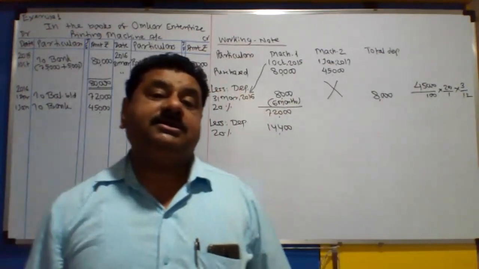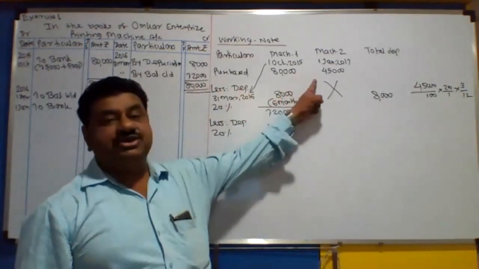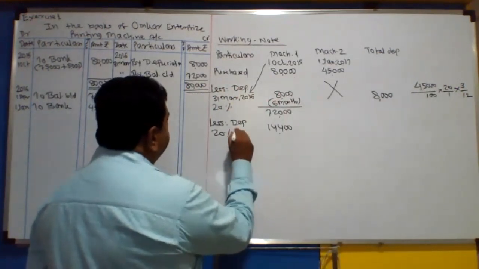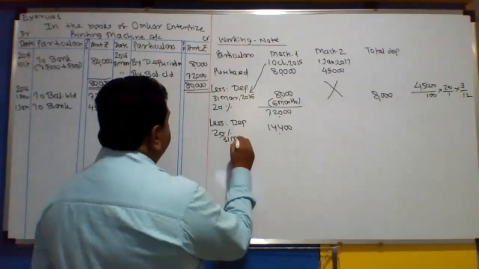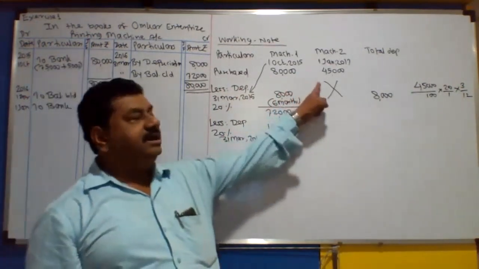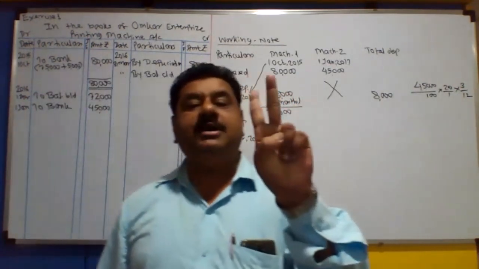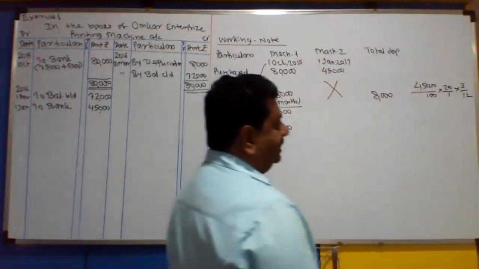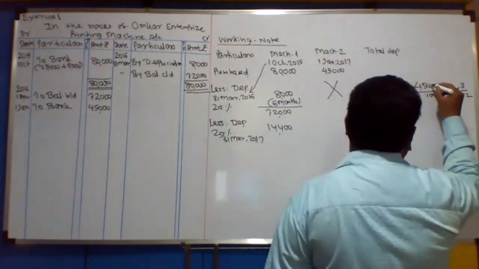But why 3 months? Because the date of purchasing is January and the depreciation date is 31st March 2017. So January, February, March, exactly 3 months of depreciation.